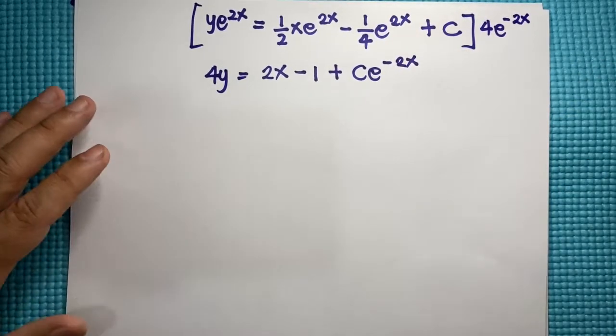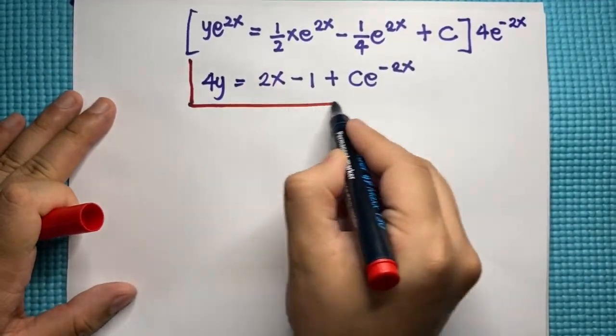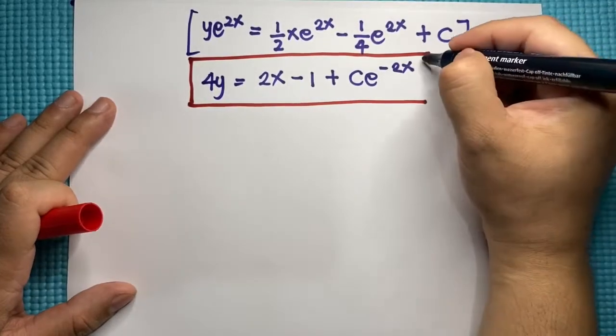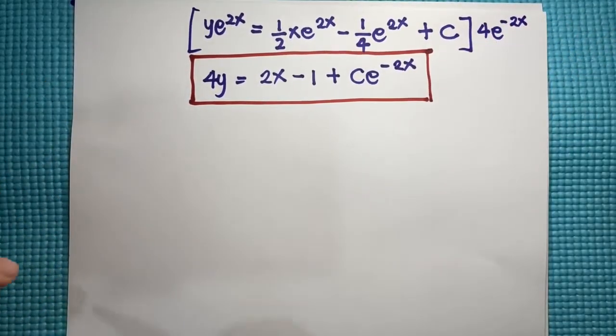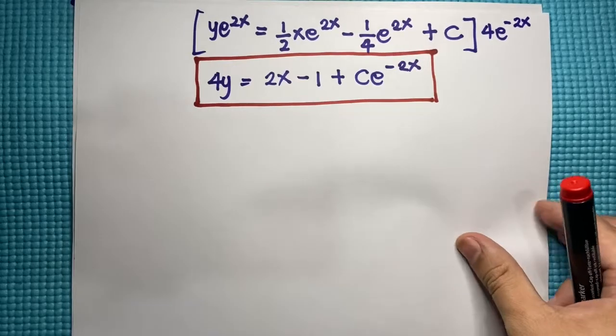So giving us our general solution: 4y is equal to 2x minus 1 plus c e raised to negative 2x. So that would be very straightforward. This time around, let's try another example.